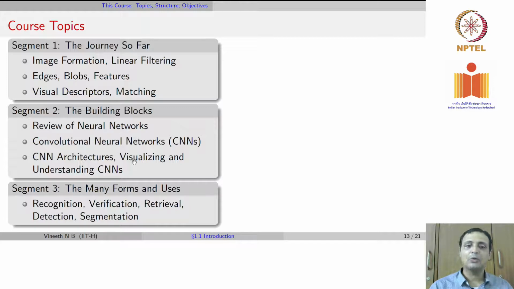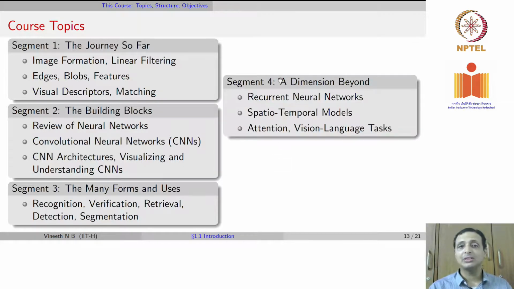In the third segment, we'll talk about the various different applications and use cases and tasks in which CNNs are used. Recognition, verification, retrieval, detection, segmentation. There are various models and loss functions and settings in which the CNNs are used here. We'll talk about all of them in segment 3. Then we'll go into segment 4.